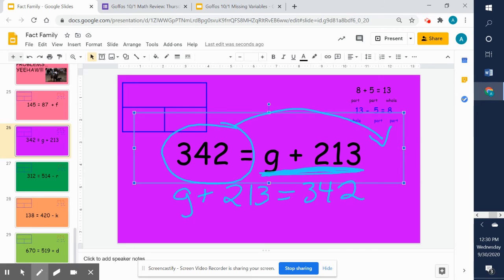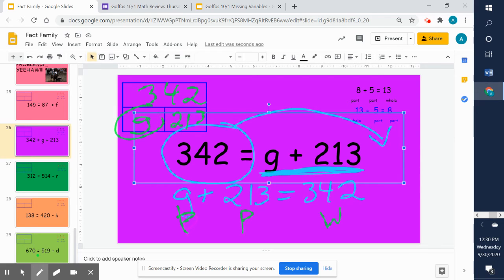Then I'm able to label my problem. We have an addition problem, so it is part, oops, that color does not show up. We have part plus part equals whole. So we have 342 and g and 213.